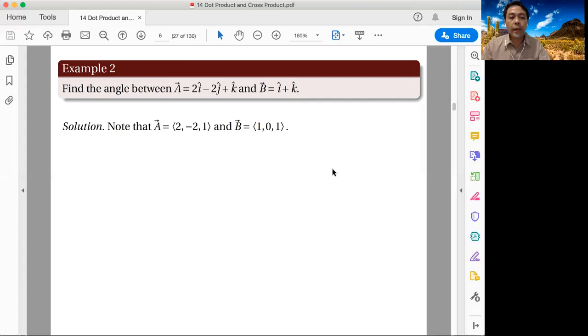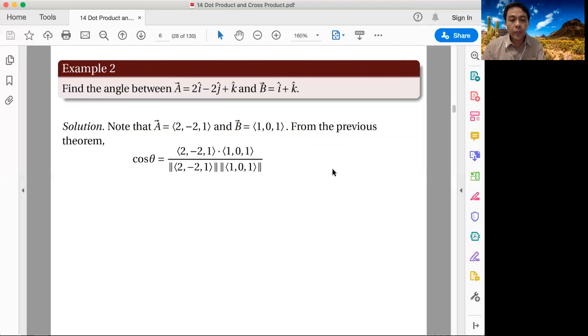We can write A as 2, negative 2, 1, and B as 1, 0, 1, because the j component has coefficient 0. So to get the angle, what do we need? Firstly, we need to get the dot product of the two vectors and their magnitudes.